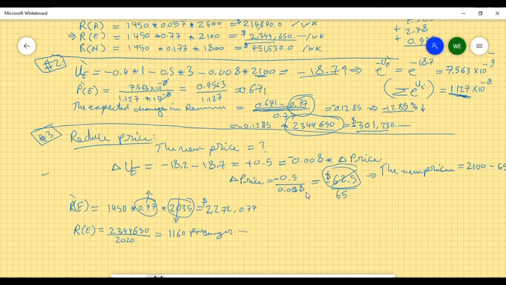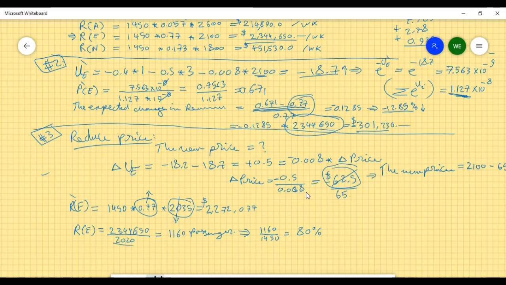So this contributes to what percentage? 1160 divided by 1450. So this is basically 80%. So we need to increase this to 80%. Let's try and see with this price what the new utility function is going to be.